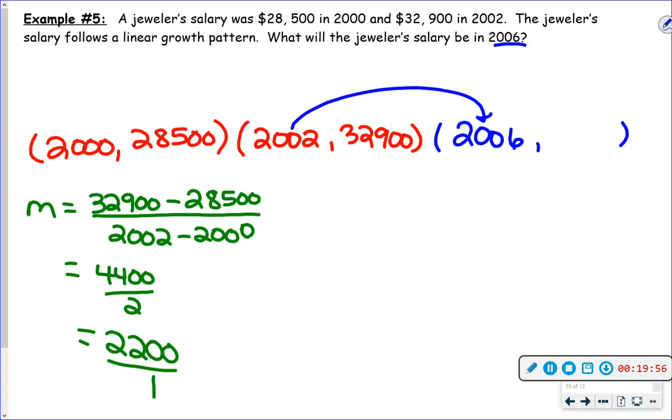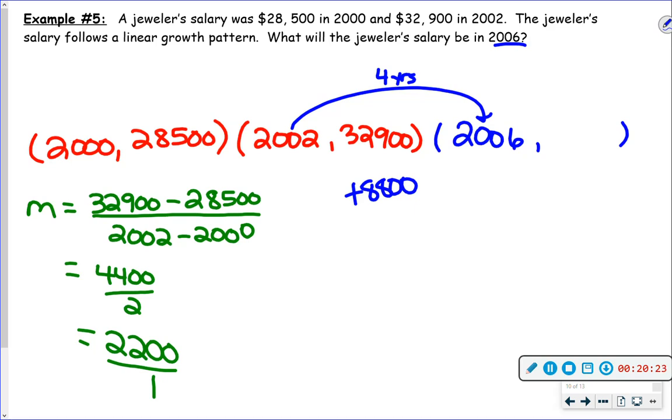4, right? 4 years. Now, you are getting a $2,200 raise each year. So how much more money are you going to get in 4 years? 8,800. 4 times 2,200. We're going to get an additional 8,800. Now, I can easily get you the salary. So we left off at $32,900 was his last salary.